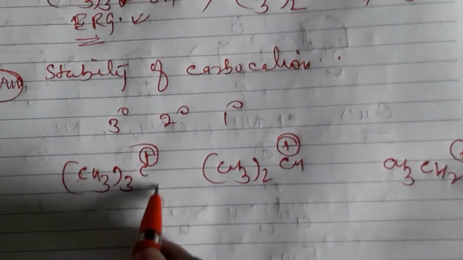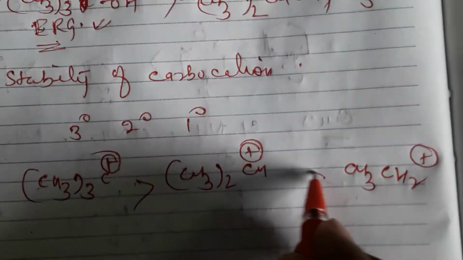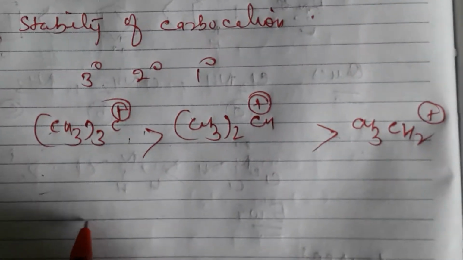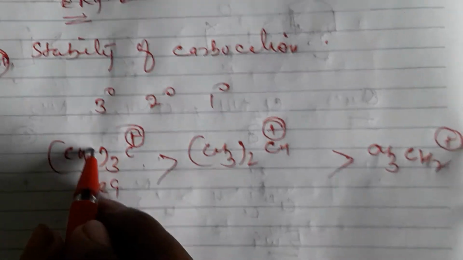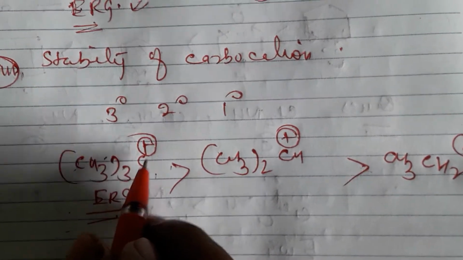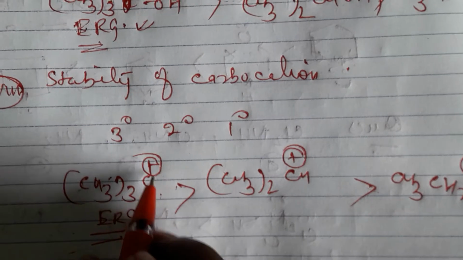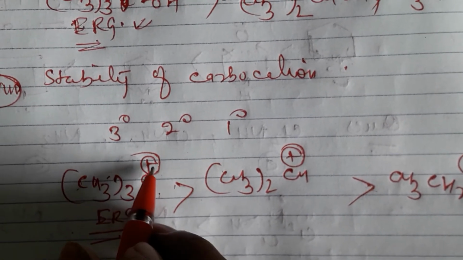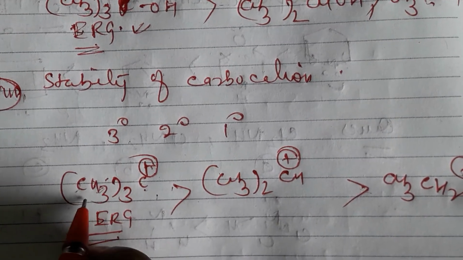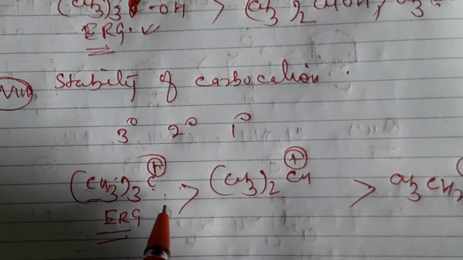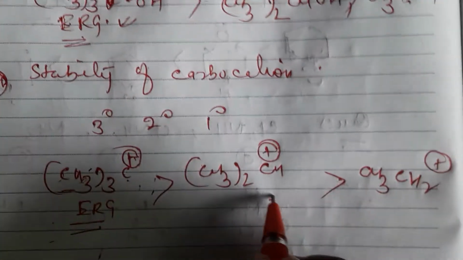Which will be the most stable? Tertiary will be more stable, then secondary, then primary. These methyl groups are electron releasing groups; they donate electrons to the carbon, which feels less charge. Since the carbon is electropositive, that positive character is reduced by the electrons given by the methyl groups, so it becomes more stable.